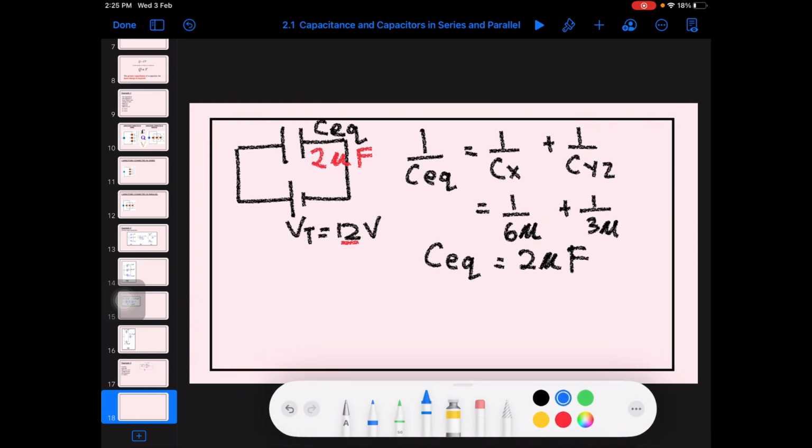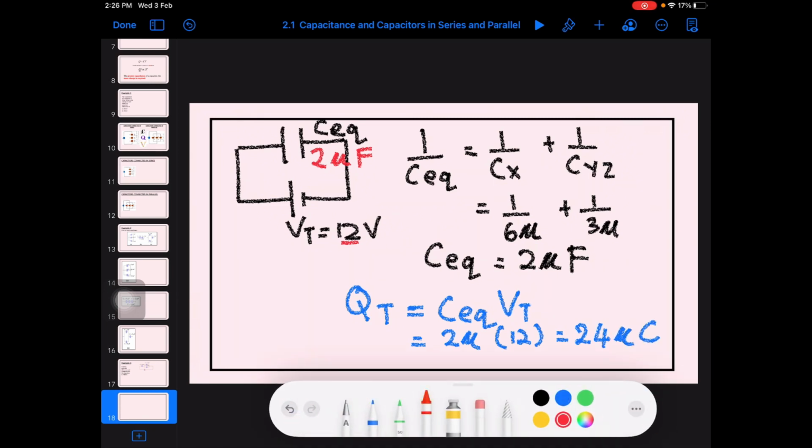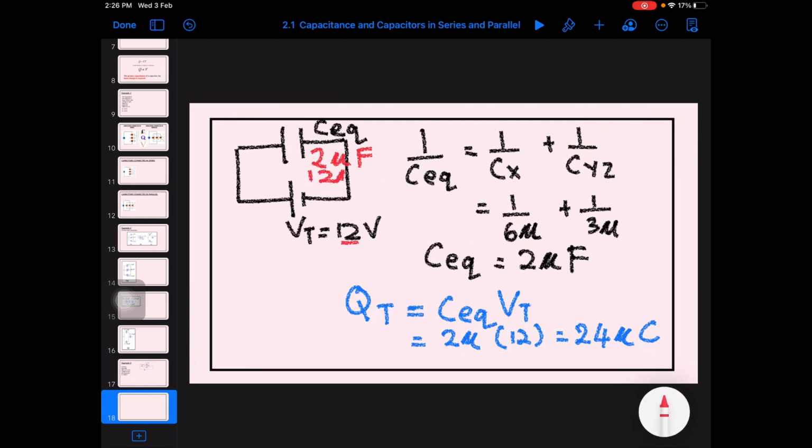We can find Q total by using the equation C equals Q over V, so Q equals CV. C equivalent times V total, 2 micro times 12, so 2 times 12, 24 microcoulomb. So at the C total, it is 24 microcoulomb.